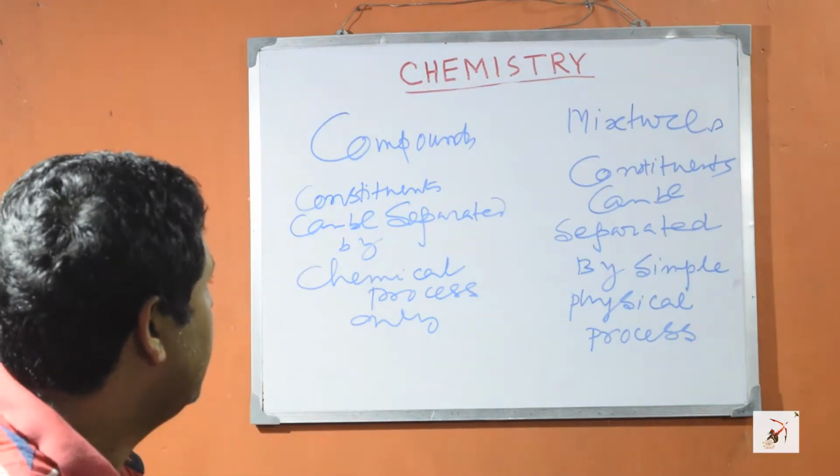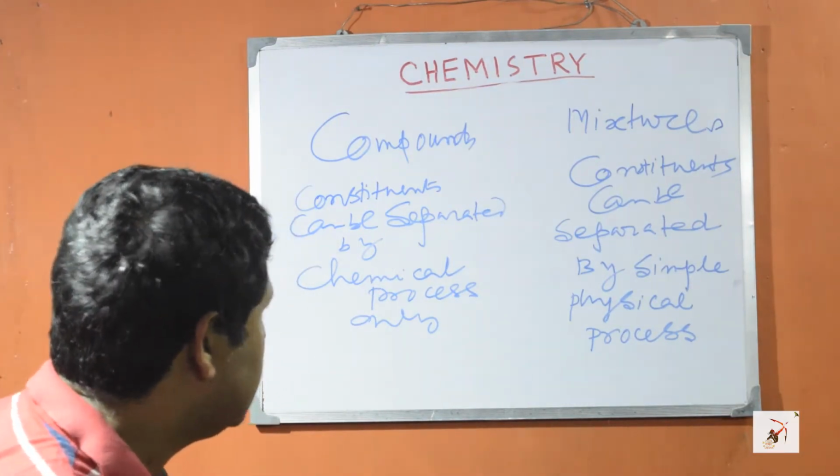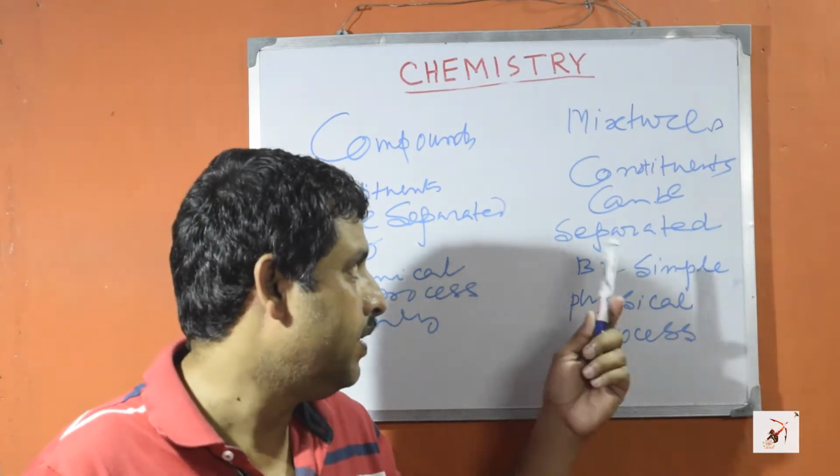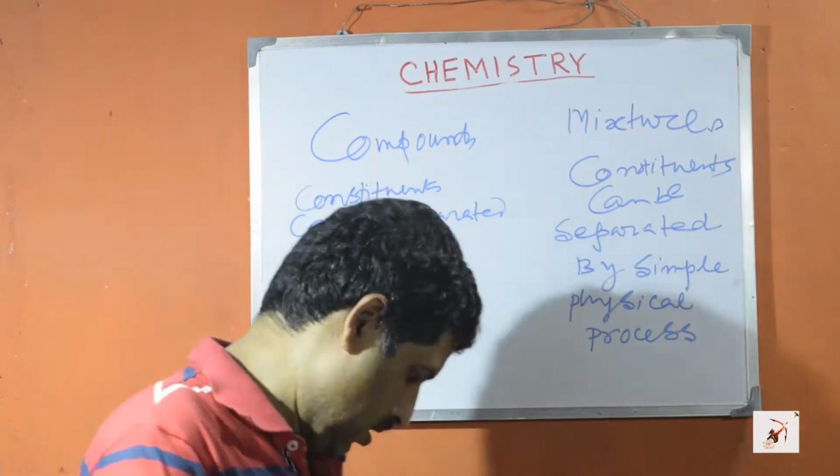So, in compounds, the constituents can be separated only by chemical process. In mixtures, constituents can be separated by simple physical process.